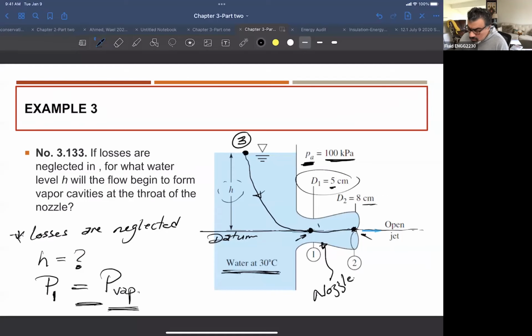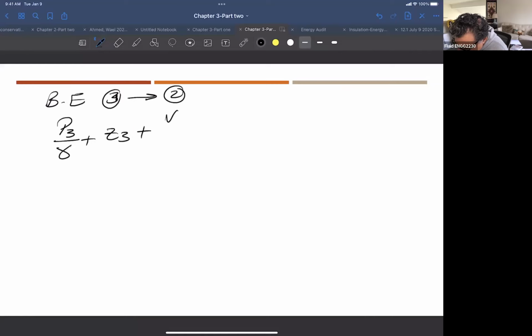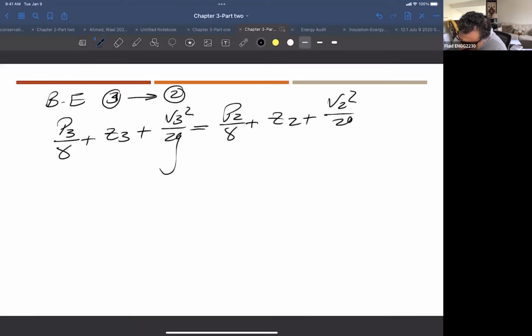So between 3 going to 2: P3 over gamma plus Z3 plus V3 squared over 2g is equal to P2 over gamma plus Z2 plus V2 squared over 2g. The pressure here is atmospheric.